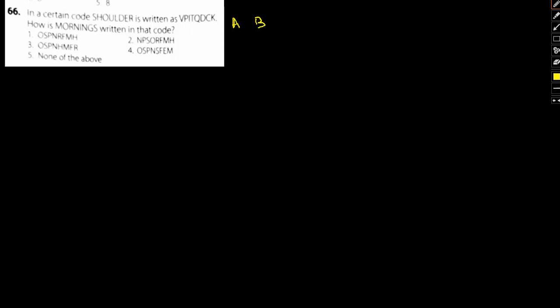Let me just jot down all the 26 alphabets: A, B, C, D, E, F, G, H, I, J, K, L, M. One thing to be kept in mind: say this is 1, and I'm going to number them as well. I suggest you follow this numbering system whenever you come across any alphabet based coding. This makes it easier to visualize patterns, whether the pattern involves the numbering of the alphabets or the difference between the alphabets.